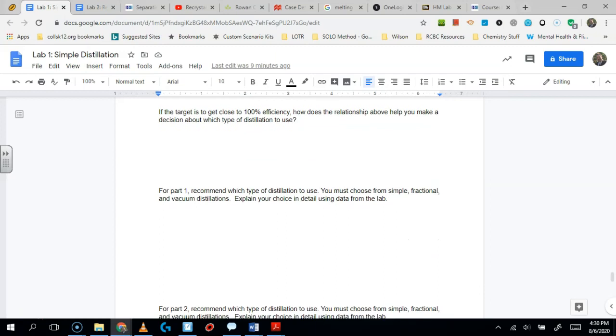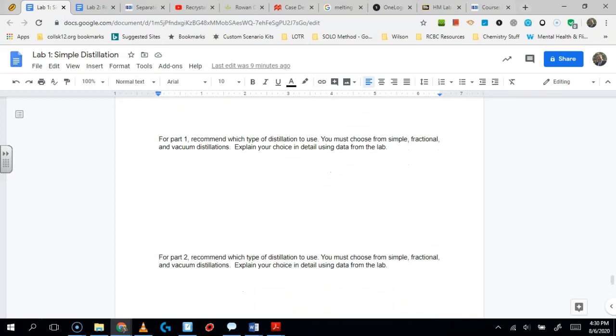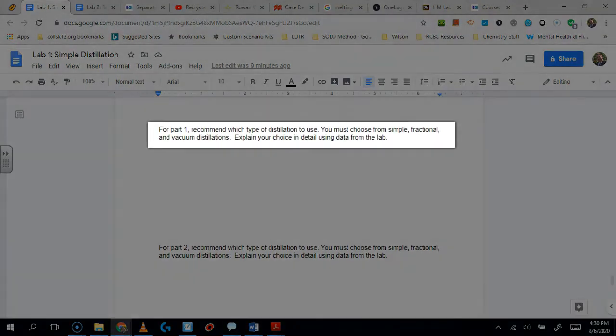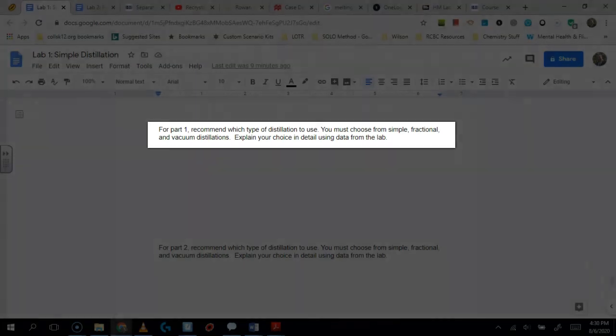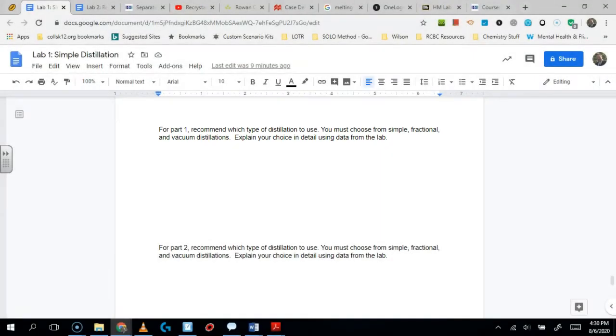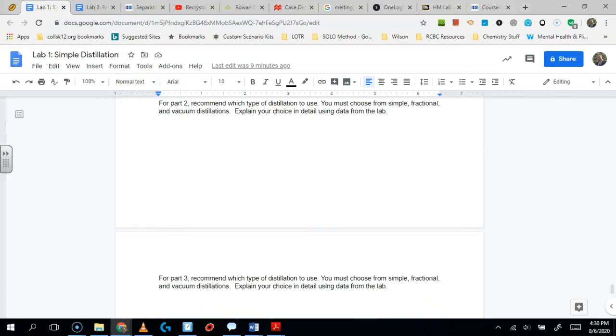Okay, and so now that you've made that connection, you can come down here and you can make a recommendation about what type of distillation you need to use in order to accurately separate each part of the mixtures. So part 1, part 2, part 3, it's the same question.